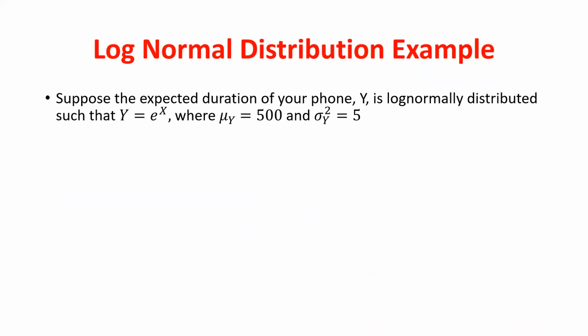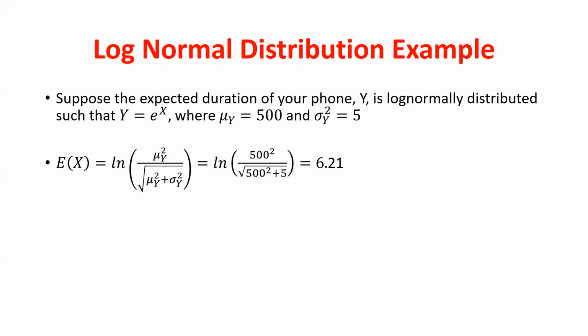Okay, let's work through a problem, maybe make it make a little bit more sense here. So we see this variable y in the data, and it has a mean of 500 and a variance of 5. Okay. So what we're going to do is come up with the mean or the expected value for this x variable. So we're going to take that mean of 500 and variance of 5 for the y variable, plug it into our equation that gives us the expected value of x.